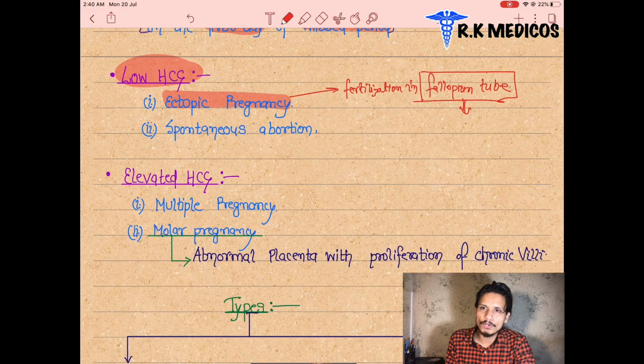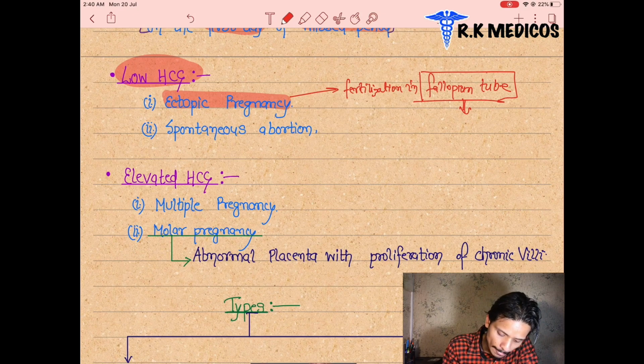So in ectopic pregnancy the HCG level will be down, because the Syncytiotrophoblast is poorly developed.